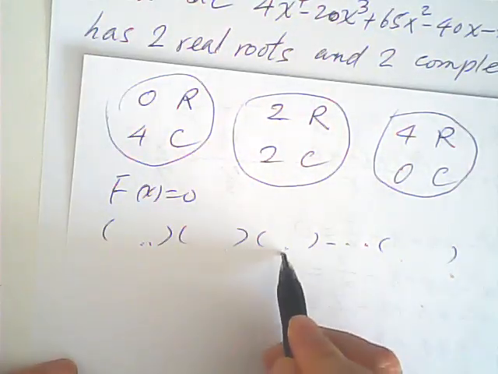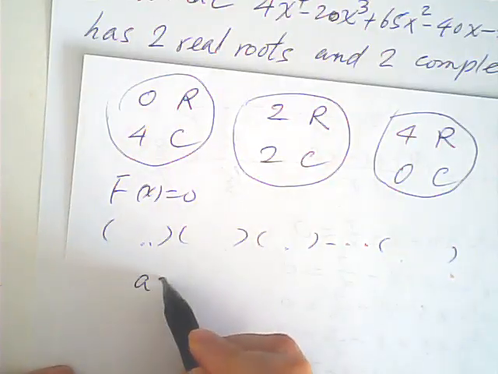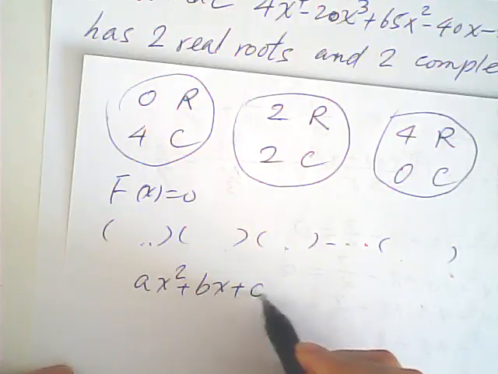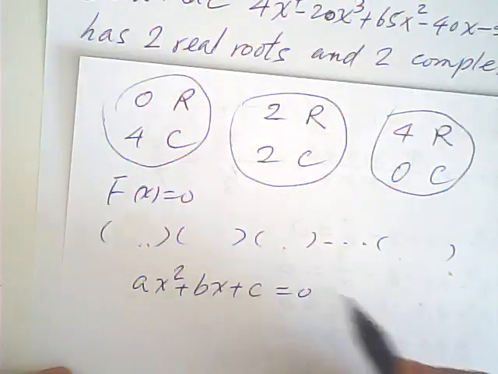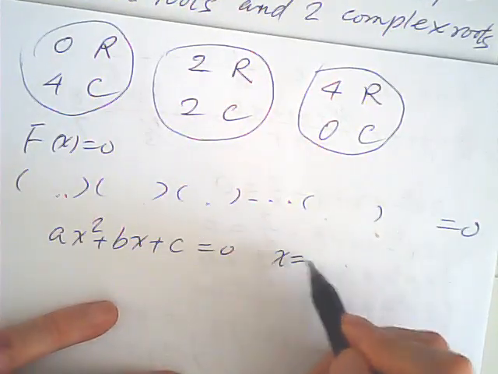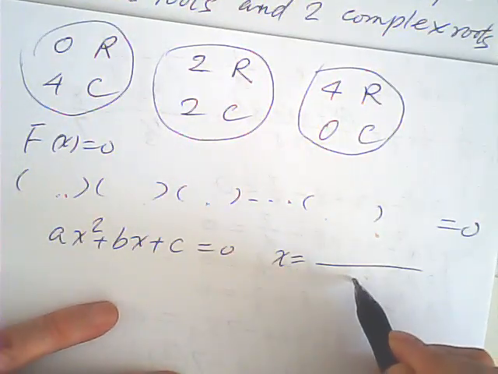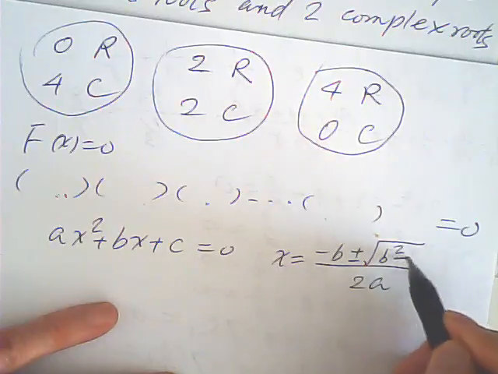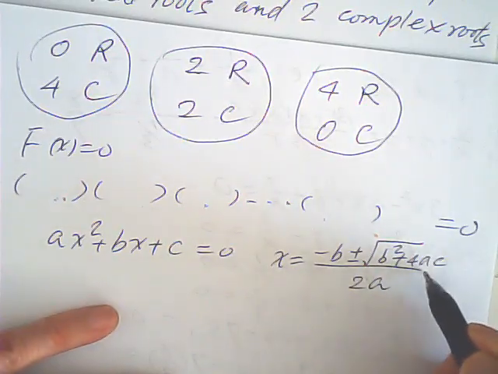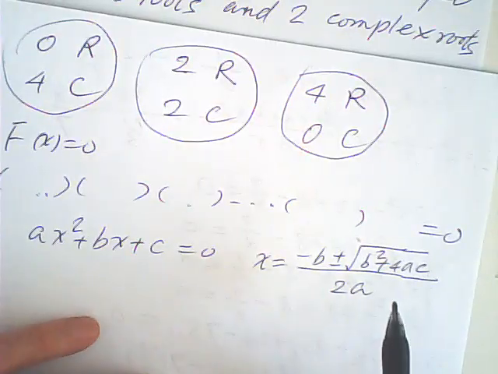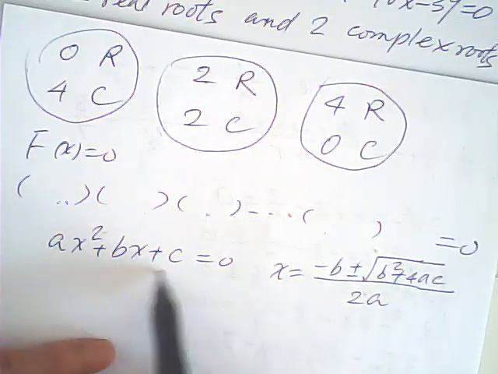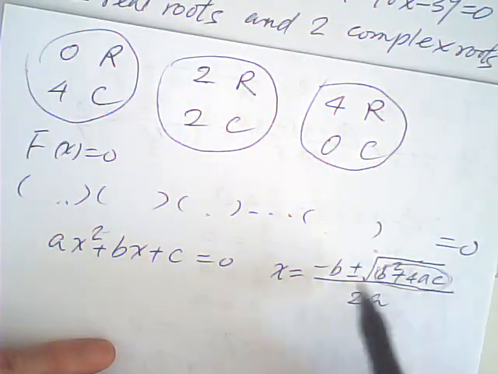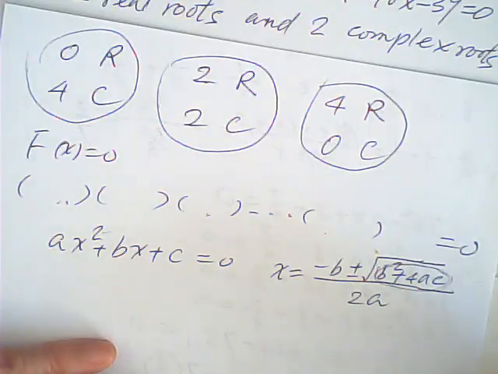Now, if this is an irreducible quadratic, ax squared plus bx plus c equal to 0, which means x equals negative b plus or minus the square root of b squared minus 4ac, over 2a. If this is irreducible, this discriminant must be a negative number, so you cannot reduce to linear again.